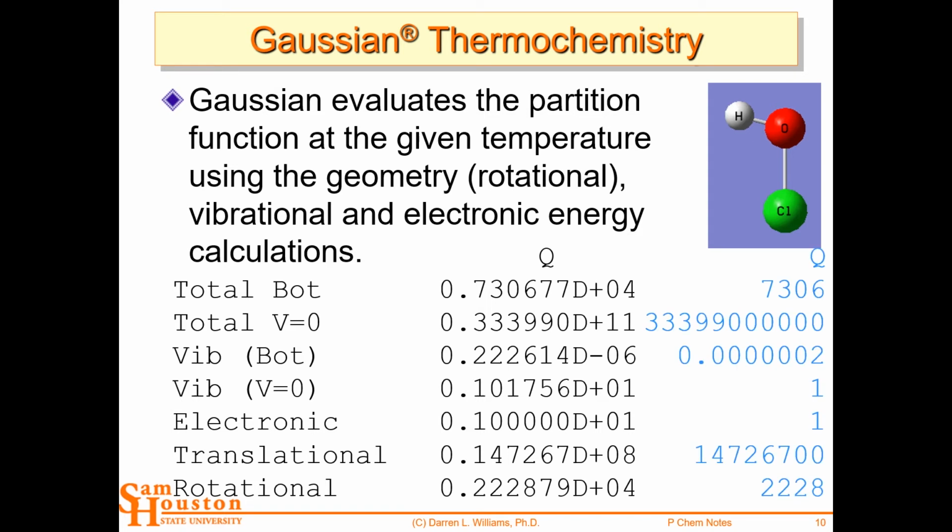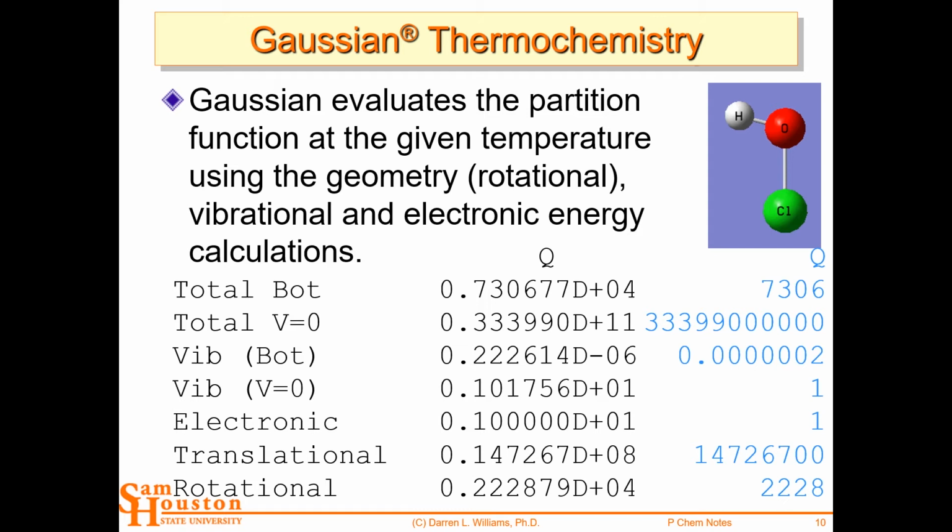Let's just go ahead and put them in numerical format, get rid of scientific notation. So the rotational partition function is 2,228. The translational comes in at 14 million levels populated. The electronic is 1, and the vibration with V equals 0 is 1.